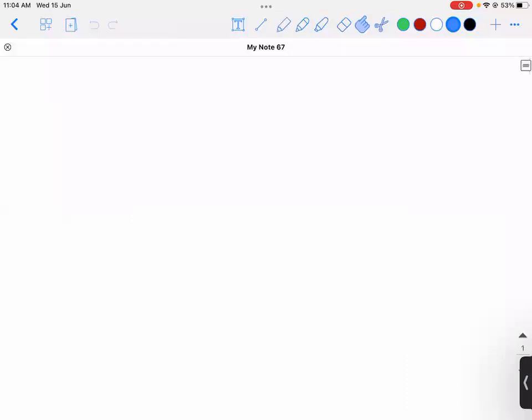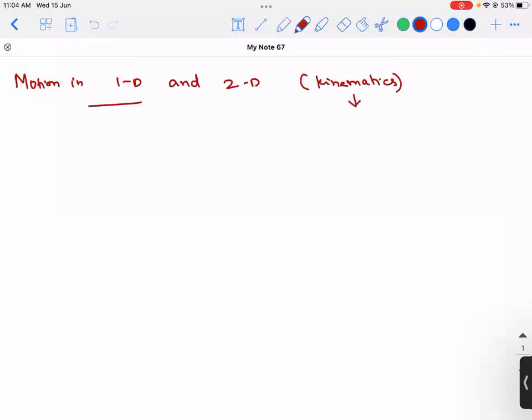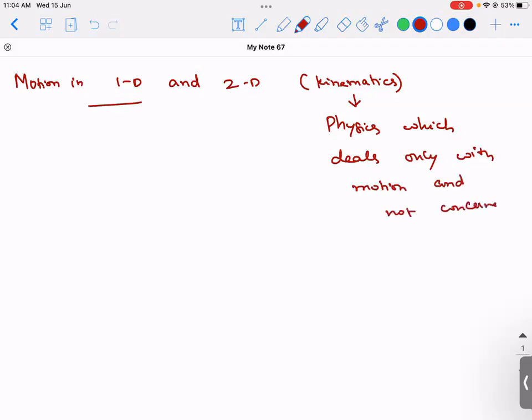Kinematics is a branch of physics which deals only with motion and is not concerned about the cause.